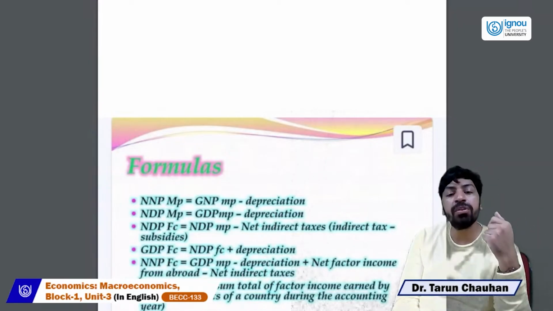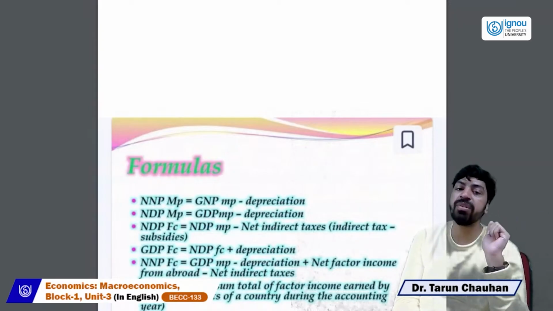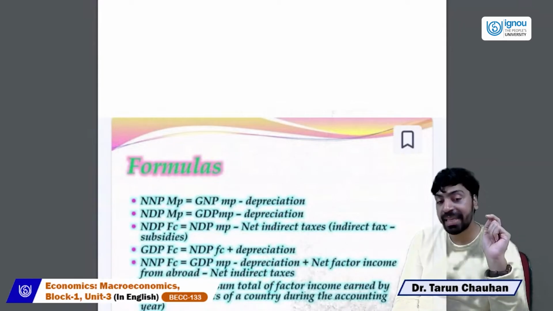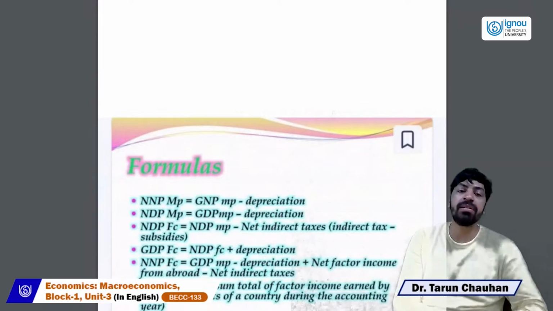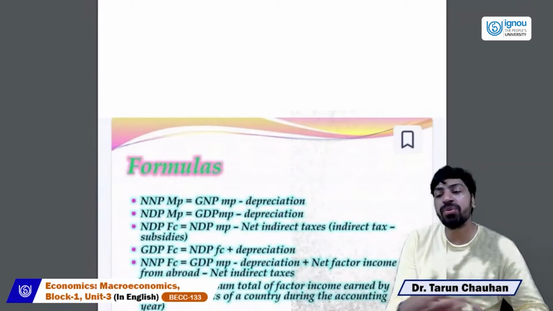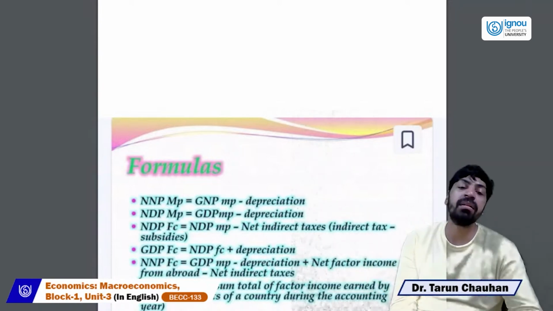And if you go from gross to net, automatically you have to reduce the depreciation. That is the key of the formulas: how you use these terms in a formula in a numerical question.